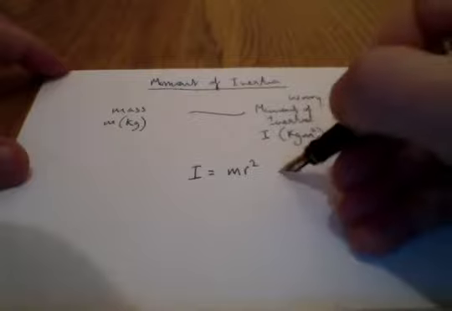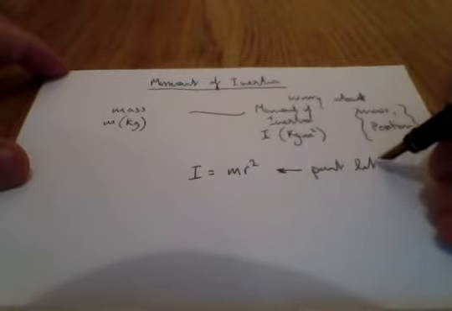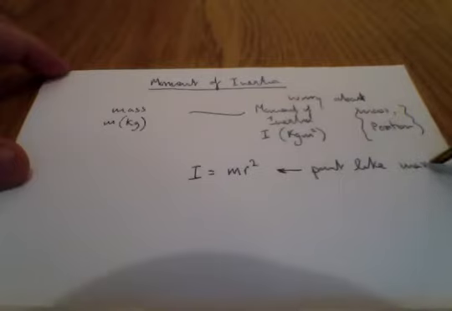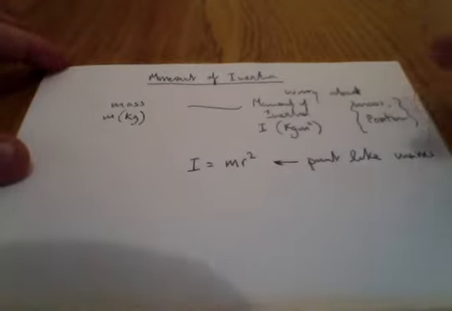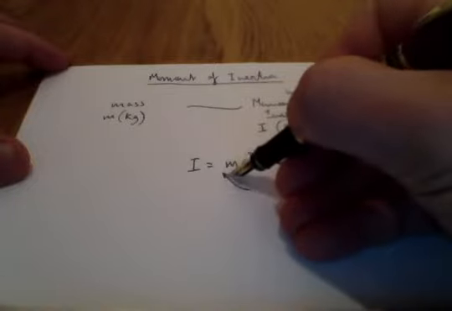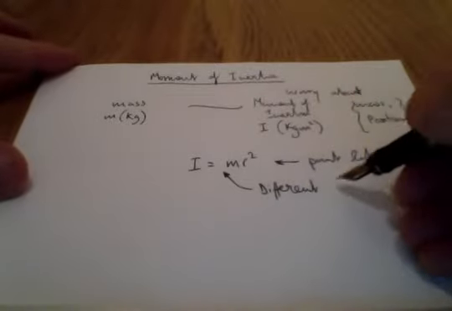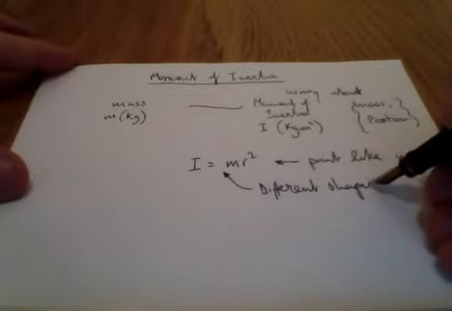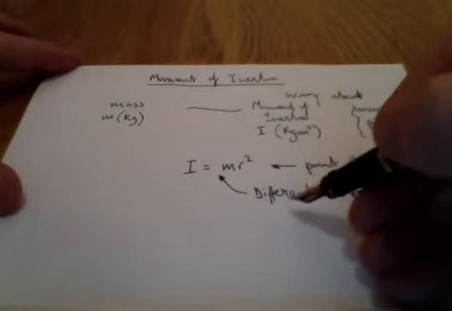However, this is for point-like masses, and different shapes give rise to different ratios.